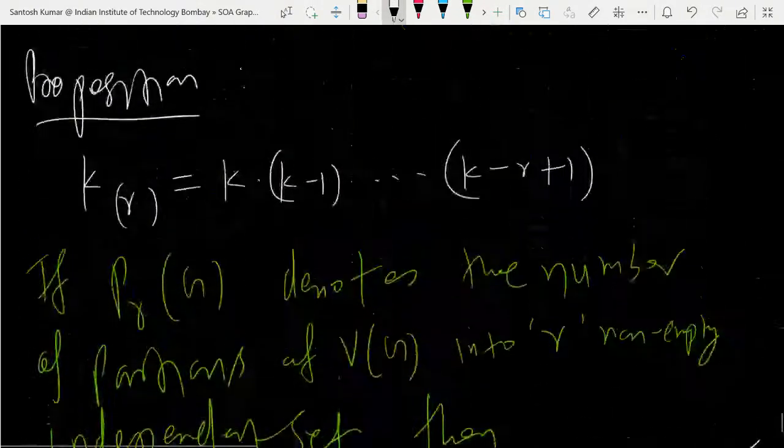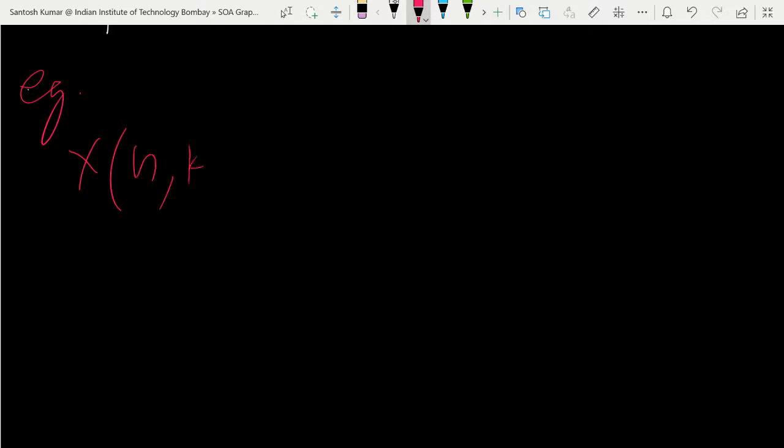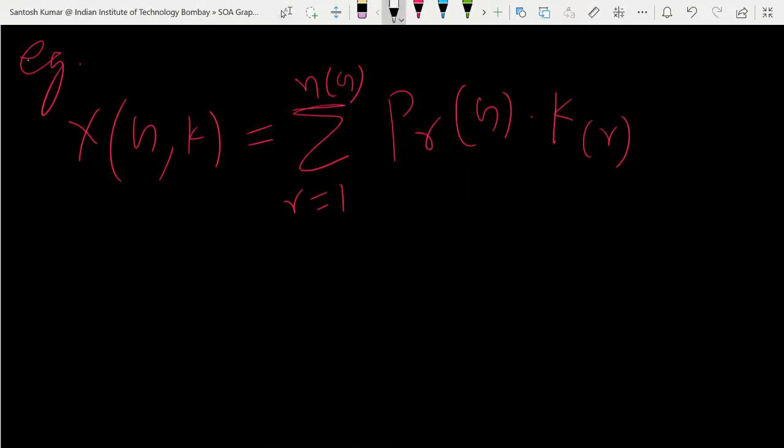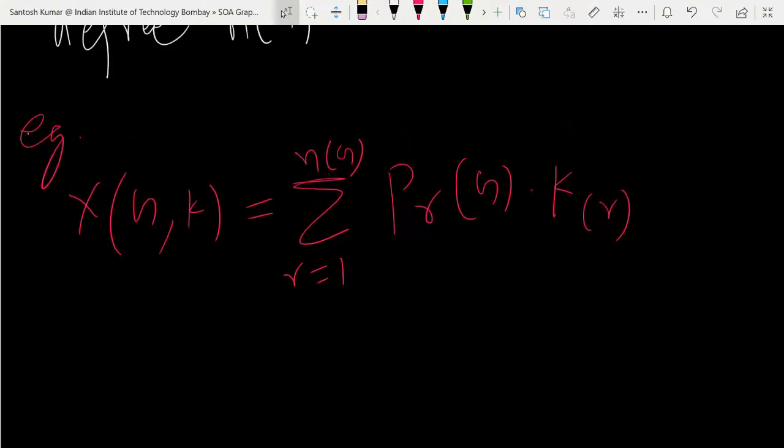This is a proposition and I would like to prove it, but before proving, let me give one application that will make you understand easily. According to the result, the chromatic polynomial of G is summation PrG into kr, where r can start with 1 and go up to the number of vertices in graph G. My example will use this formula: find the chromatic polynomial for C4 using k colors.